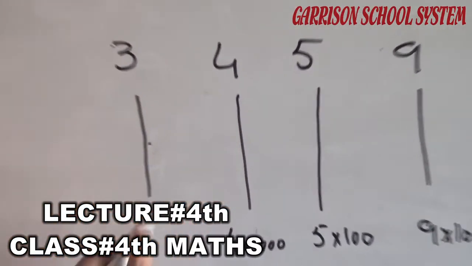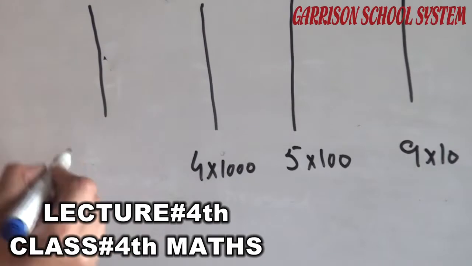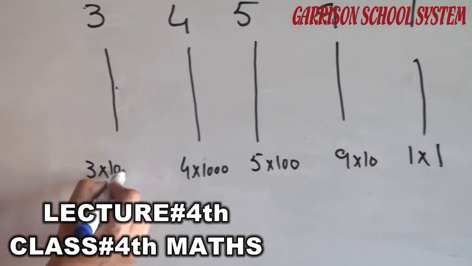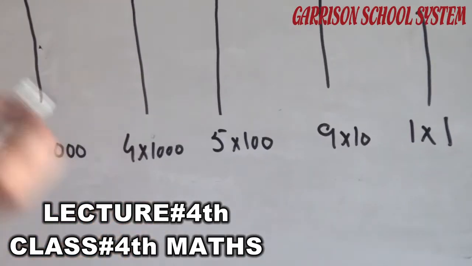And similarly, 3 is in the 10,000 place, so we write 3 into 10,000.